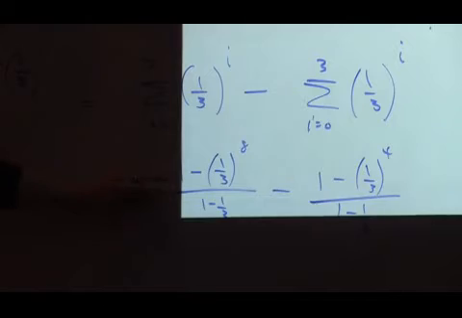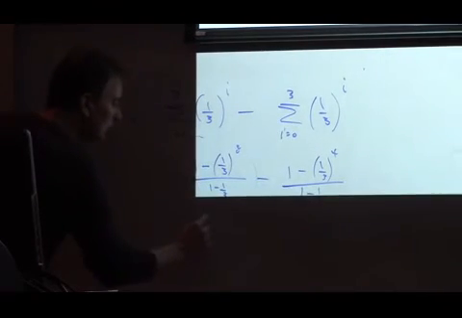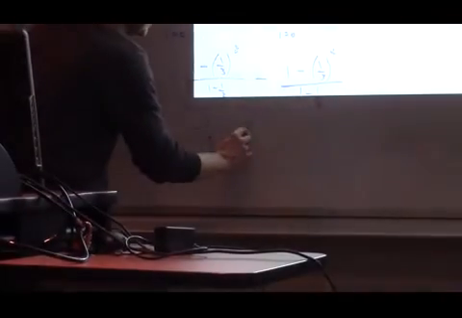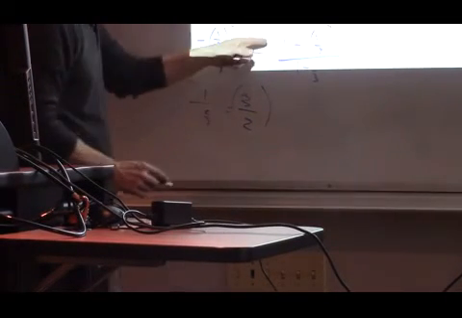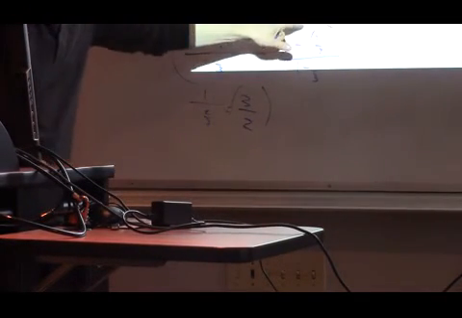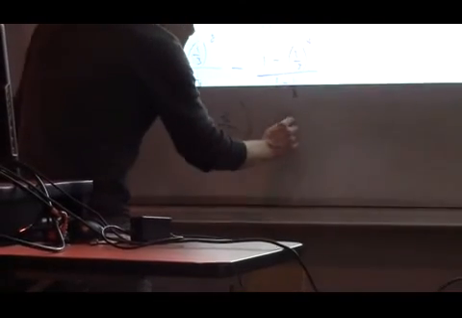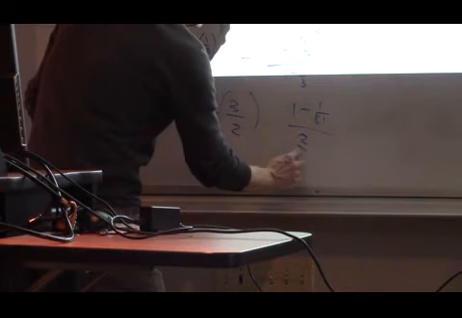So what's 1 minus 1/3? 2/3. So this is close to 1 over 2/3, which is equal to what? 3 over 2? Now this one is a little bit, what? 81. Yeah, so this is going to be 1 minus 1 over 81 over, same thing, 2/3, right?